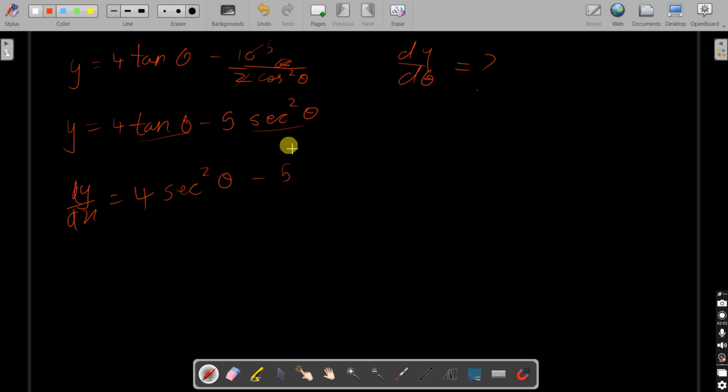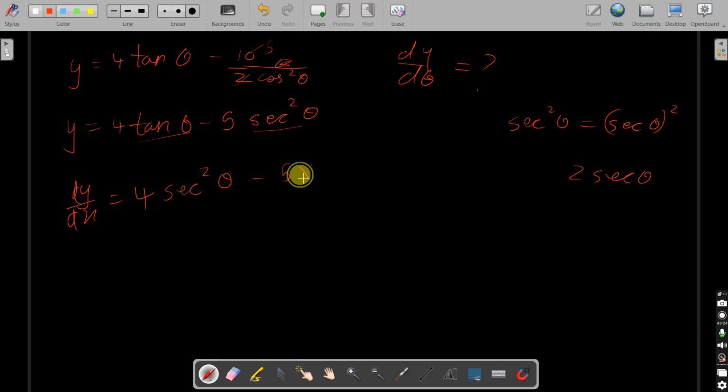So we have to simplify this. Sec square theta is sec theta raised to power 2, so this will be 2 sec theta raised to power 1, into the differentiation of sec theta, which is sec theta tan theta.